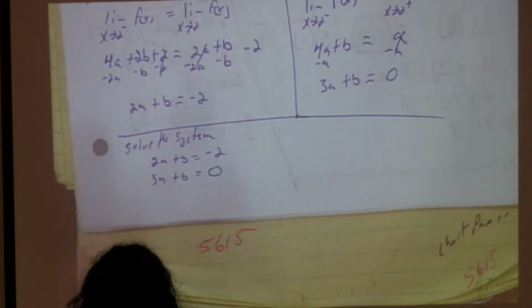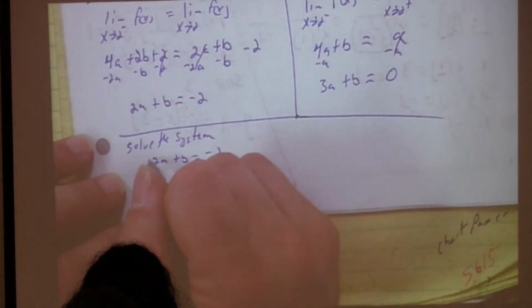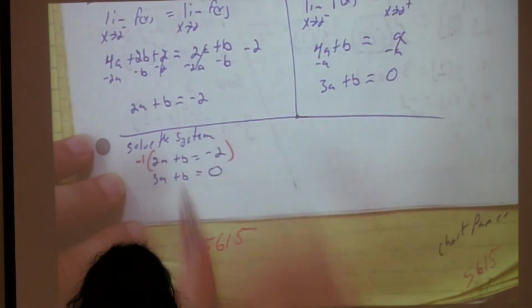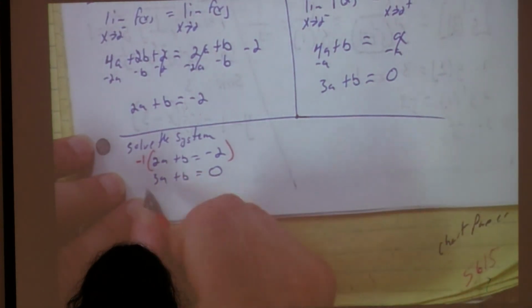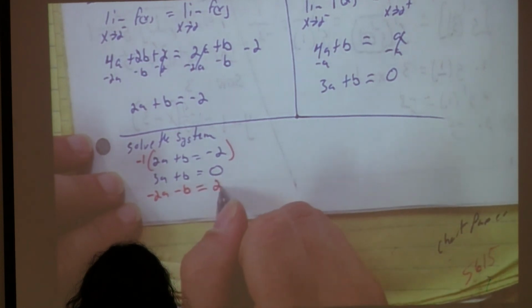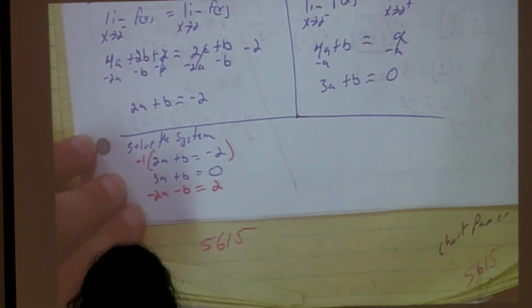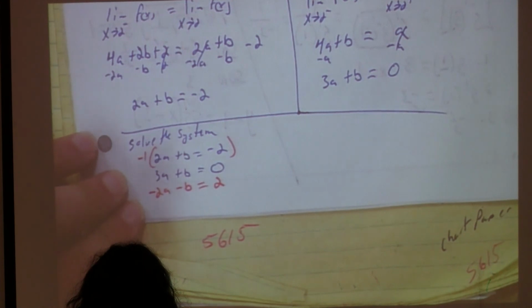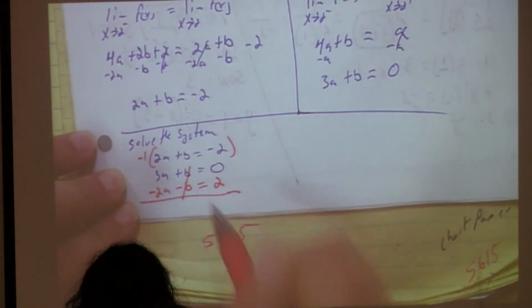How can I solve this system? Cancel the b's. Multiply one of them by -1, so we can eliminate which variable? The b. Okay. So we would end up with -2a minus b equals 2. The b's cancel out. So now we can combine them.